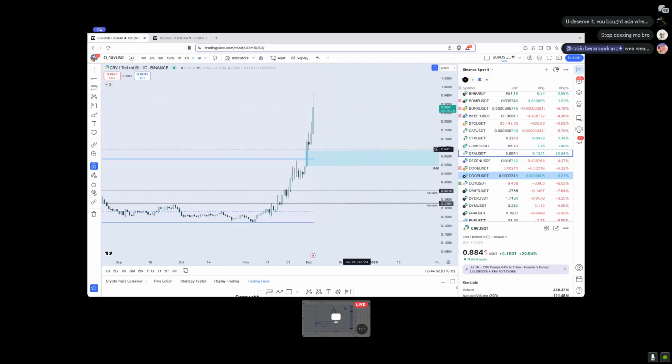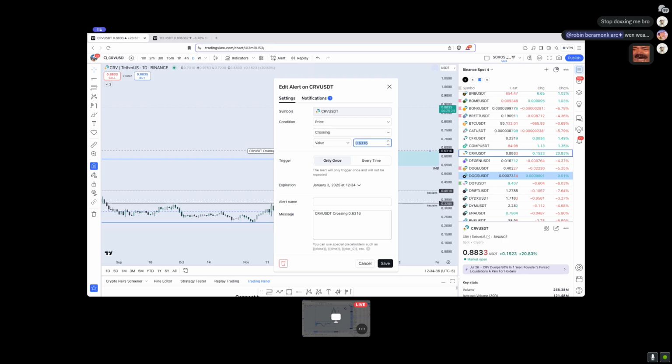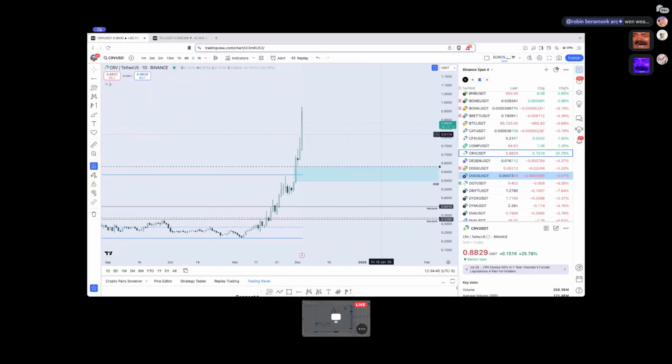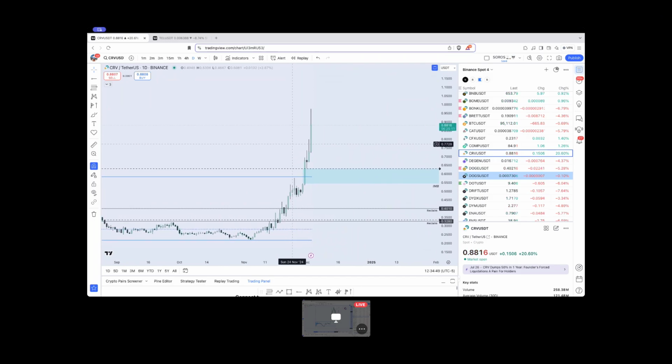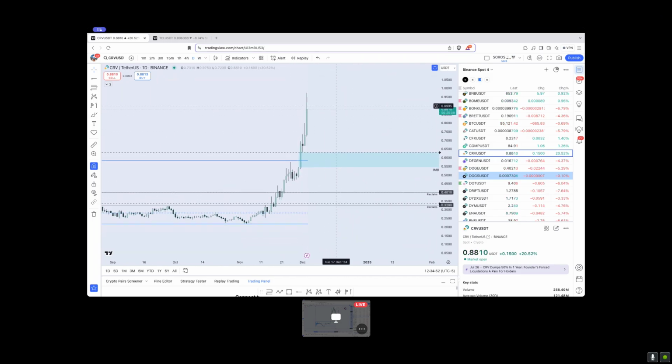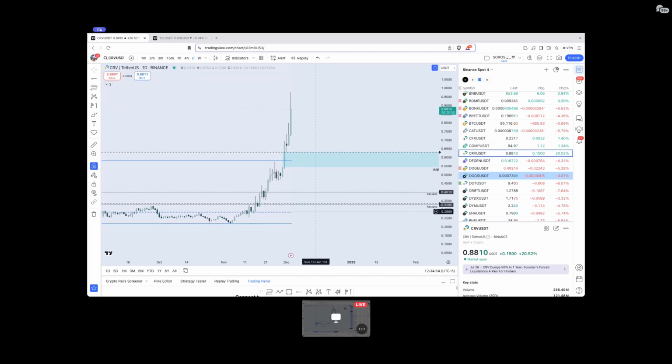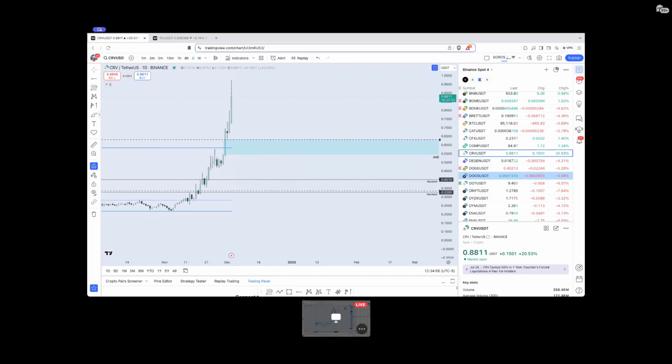So I'm going to set a third alert here. This is going to be a more aggressive entry. And yeah, now with this is news, bro. If BlackRock is in, it doesn't matter where you buy spot. So anywhere in here, I would just ladder in with the idea if you have 100% of your allocation, you would break it into smaller parts here.